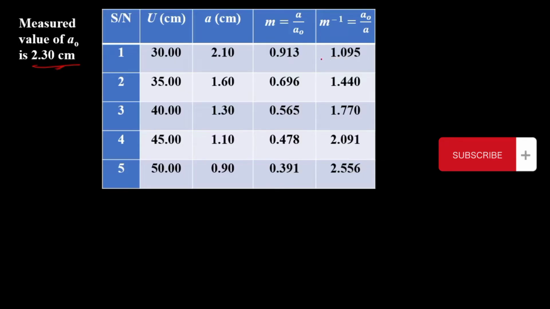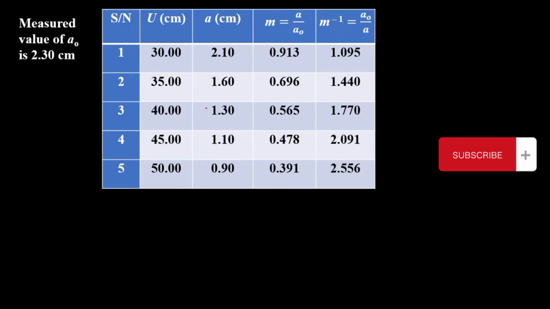You either find the inverse of 0.913, or you say if M is A over A0, it implies that M inverse is A0 over A. That will give us this value here. We did that for all the values of U and A, and we got the values of M and M inverse.